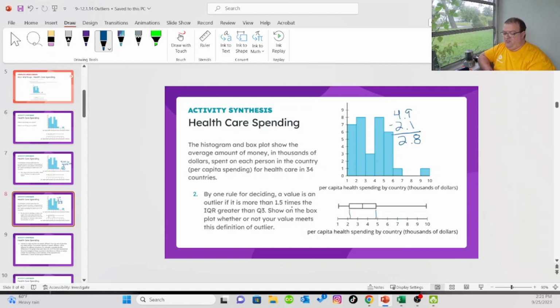Now, the 1.5 times means we're going to take 2.8 times 1.5, and that is going to be approximately 4.2. So what we would want to do is take the Q3, which we said was 4.9, and we want to add this 1.5 times the IQR, which we said was 4.2.